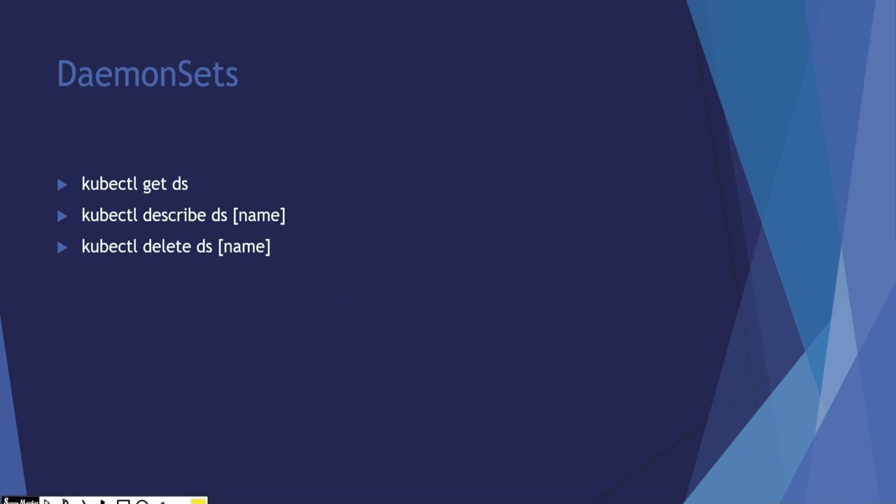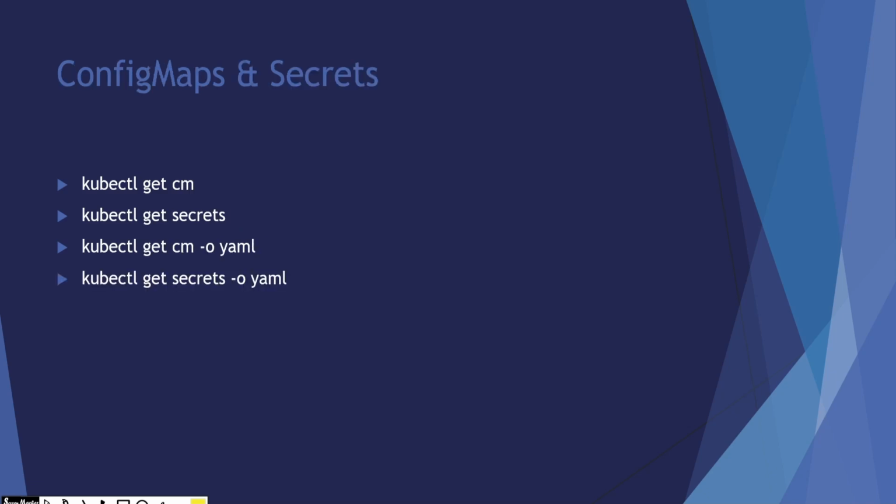Okay, then you have the daemon set. This is also a resource. In order to see the daemon set, you can use kubectl get daemonset. So most of the commands are the same; you just change the resource type, right? Here also you can describe and delete, and with config map and secret you can use the same commands.